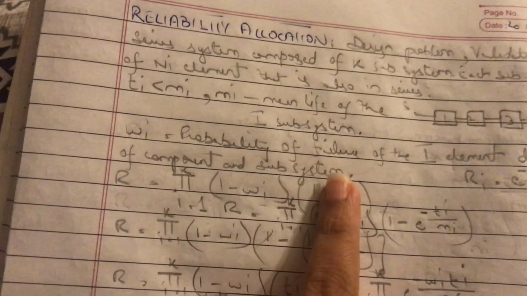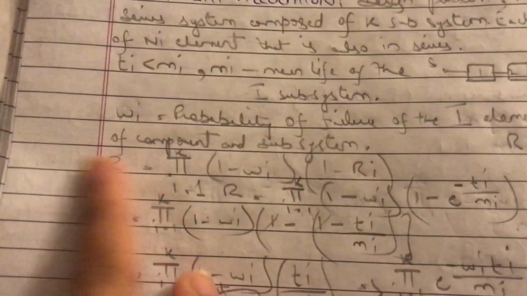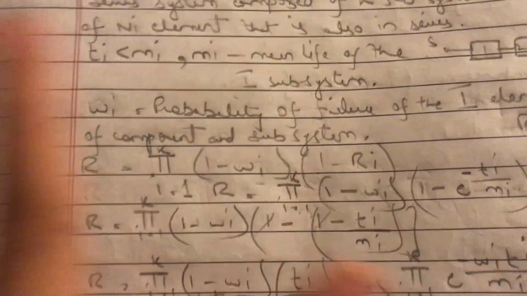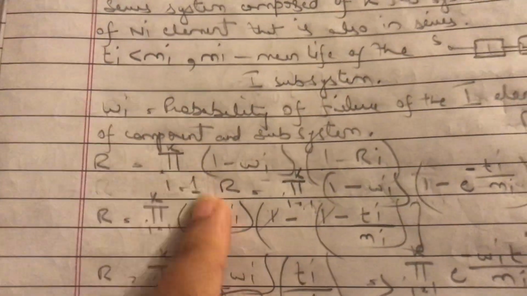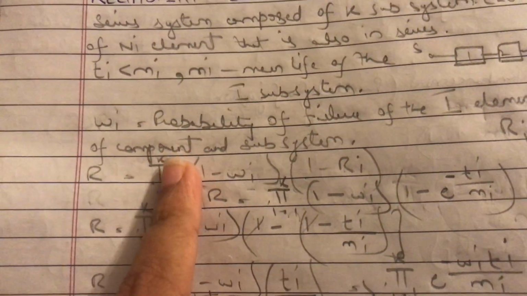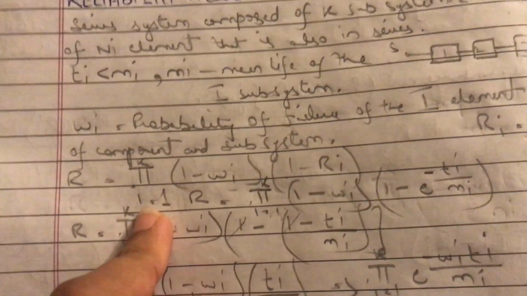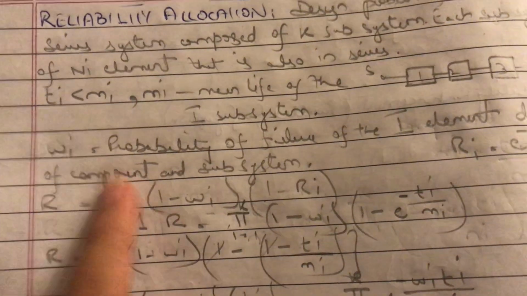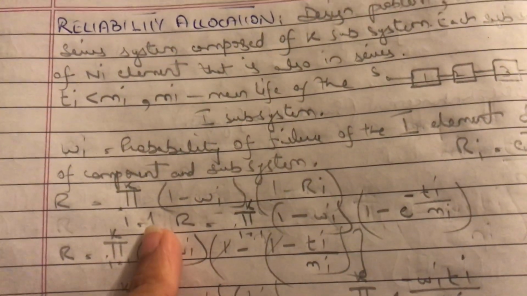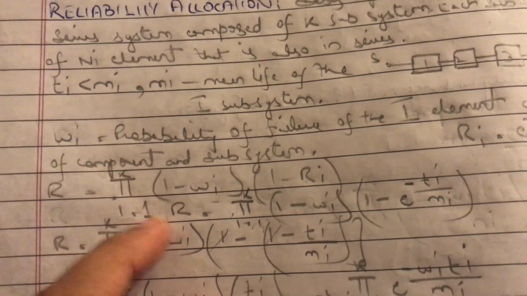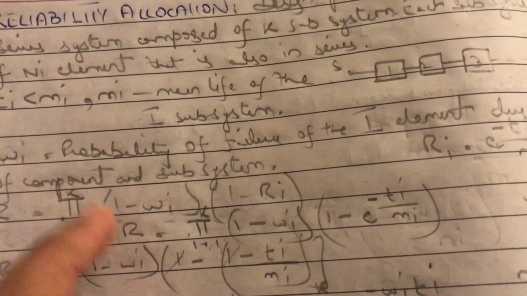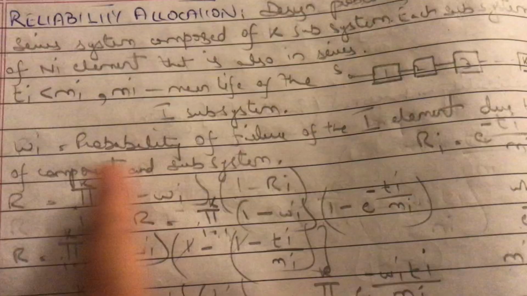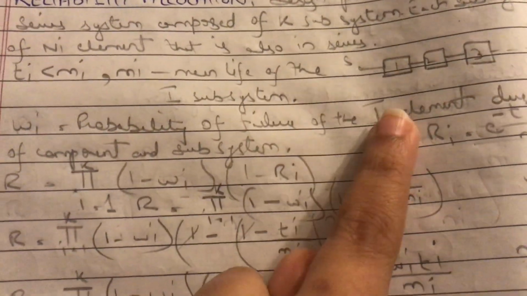So till now, we have an equation. Reliability equals the product over i going from 1 to k. We have a subsystem i, with i going from 1 to k, of 1 minus Wi, which is also 1 minus Ri, the probability of failure of the i element.